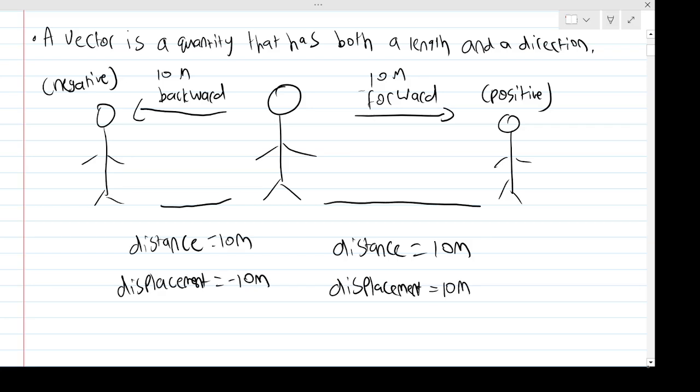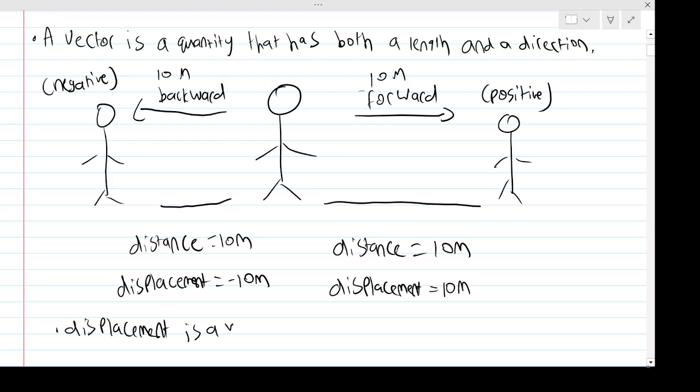The negative sign gives that direction as well, meaning it's going in the negative direction. So that's what we mean by a vector having a length and a direction. The displacement is a vector. I'll make a note of that. You would see this in mechanics if you haven't already. This is a brief introduction.